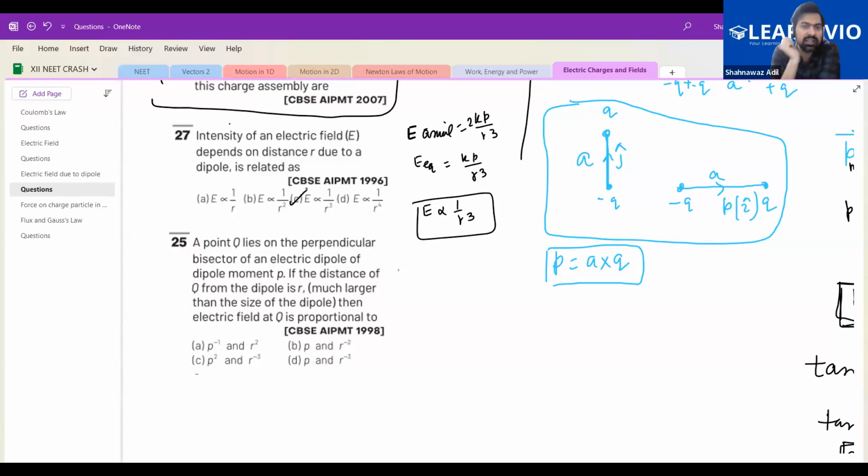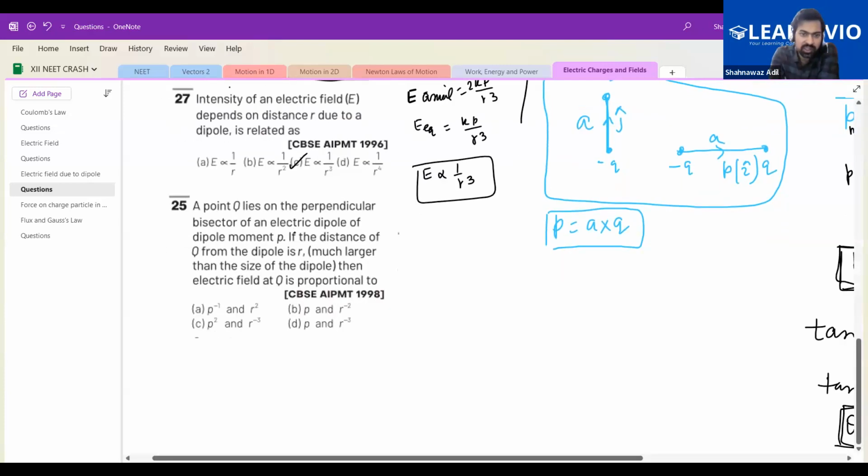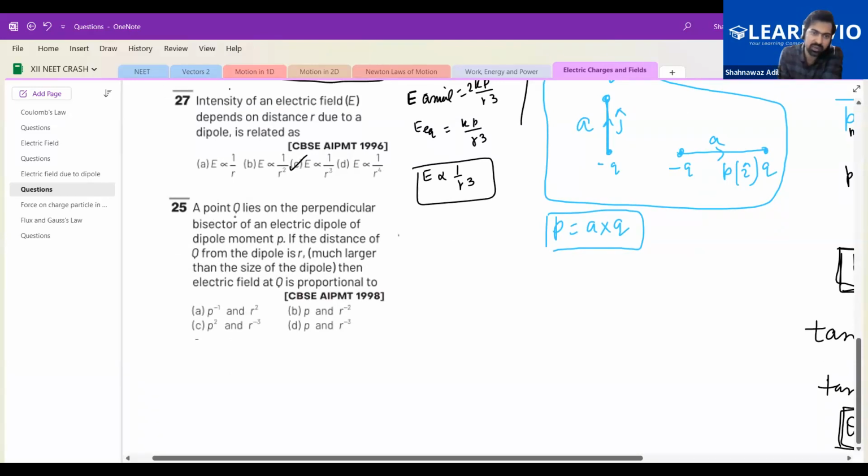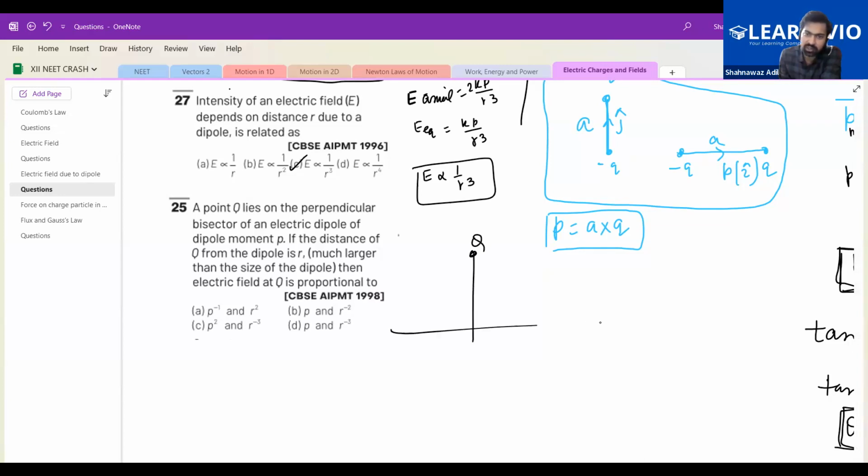So you see that this is a direct question, right? From electric charges and fields, they will ask you direct questions. Similarly, this question is similar. Q is a point on the perpendicular bisector of a dipole, and we ask what is the electric field at Q. We know that this is minus kp by r cubed, or kp by r cubed if we ignore the minus sign.